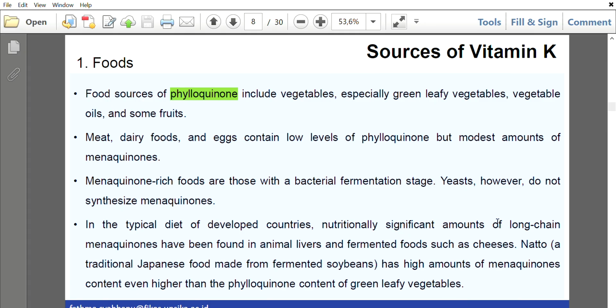menaquinones. In the typical diet of developed countries, nutritionally significant amounts of long-chain menaquinones have been found in animal livers and fermented foods such as cheese. Natto, a traditional Japanese food made from fermented soybean, has high amounts of menaquinone content, even higher than the phylloquinone content of green leafy vegetables.